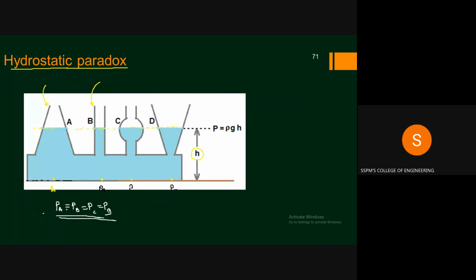Okay, so this pressure will only depend on the height H. It will not depend upon the shape of the vessel. Okay, this is called as a hydrostatic paradox. So the basic equation for all this pressure is P is equal to rho g into H. This is called as a hydrostatic equation or the hydrostatic law.